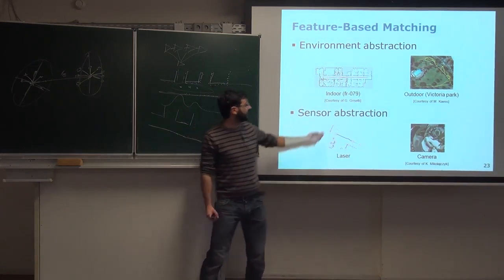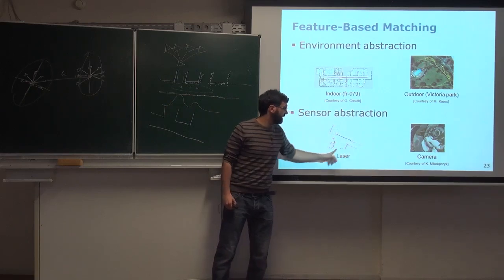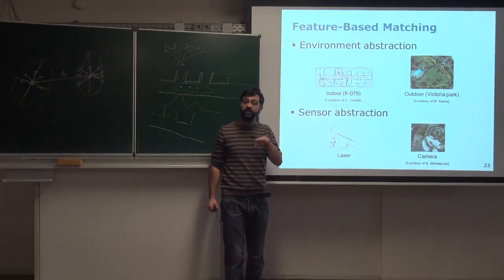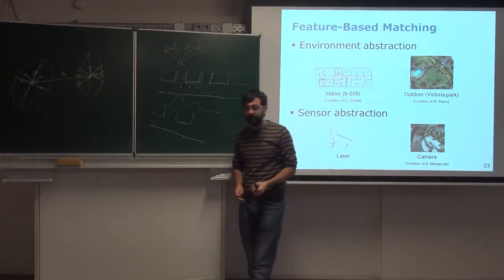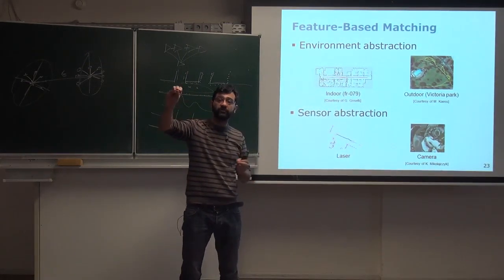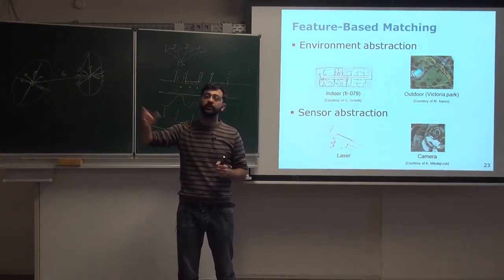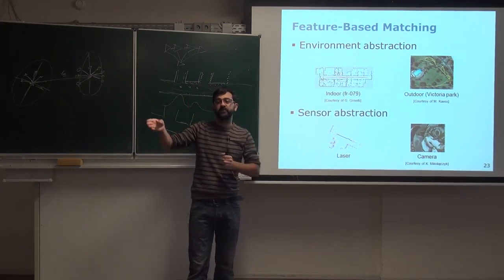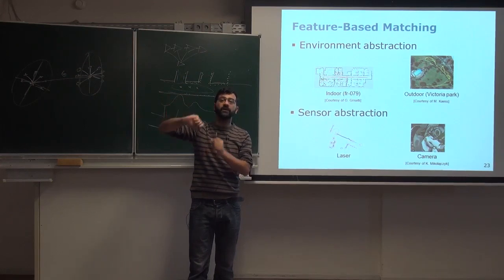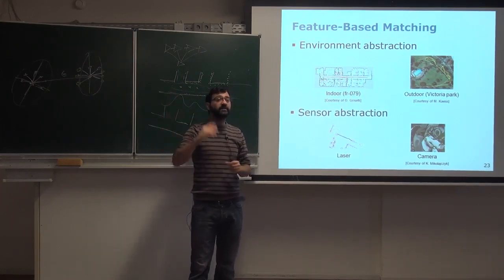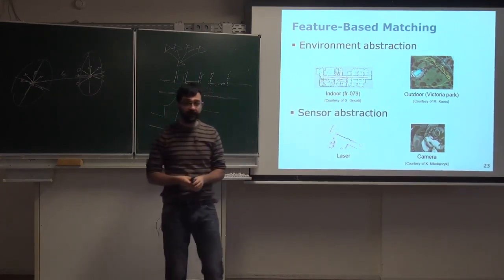We can also do sensor abstraction, because we can use a laser where we get data again at these corners, a point-wise feature with some descriptor. Or we can use cameras, where we say there is some point-wise feature at X, Y in the camera or in the projected space with some descriptor. At the end, it doesn't matter if the descriptor is a set of numbers that comes from color or from appearance or shape, because at the end you will use the same distance metric between the descriptors to associate them. Okay?